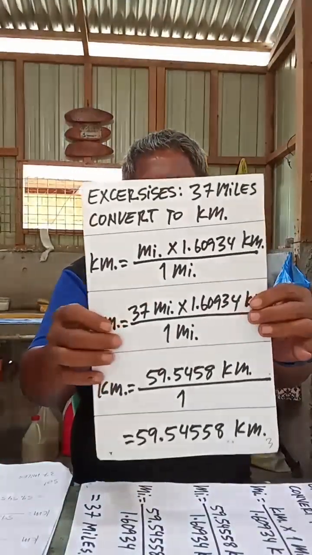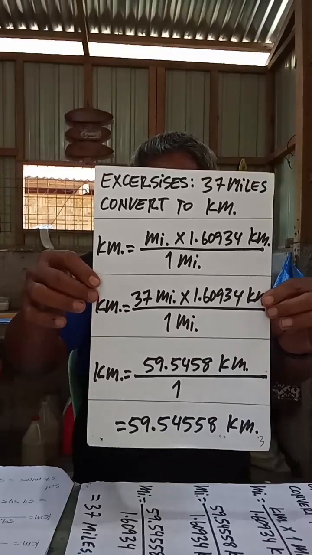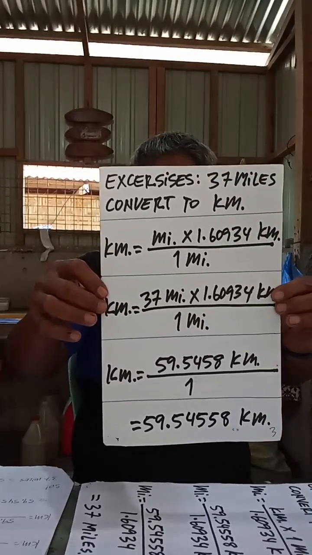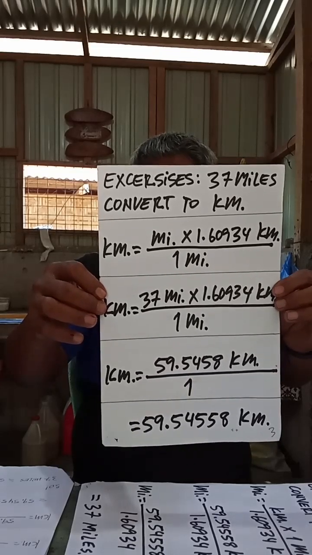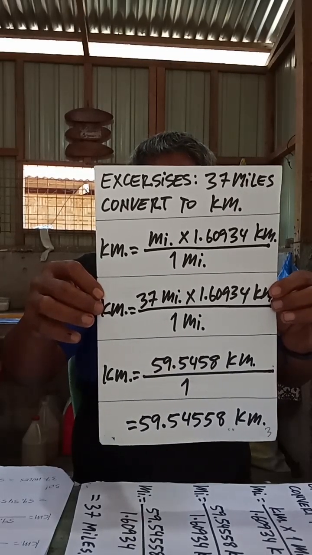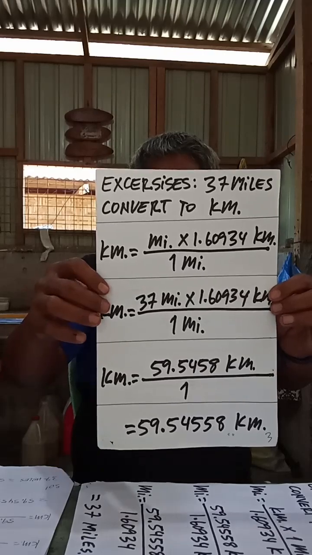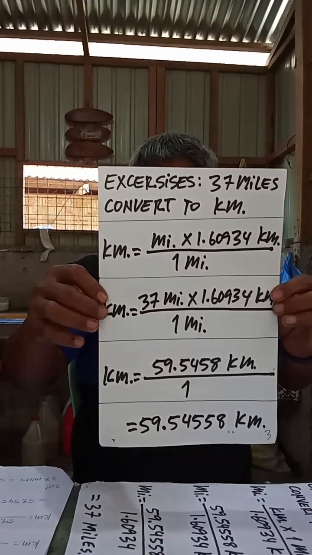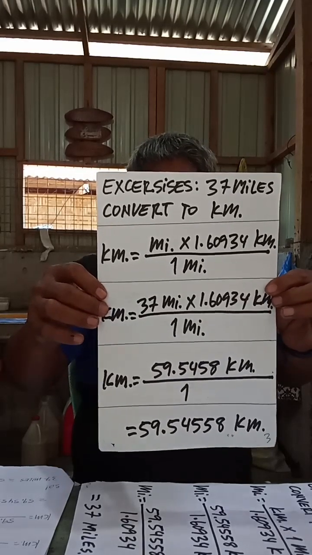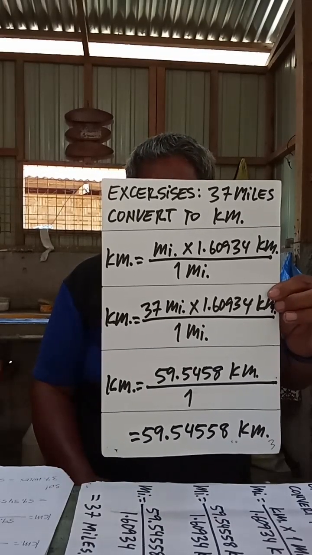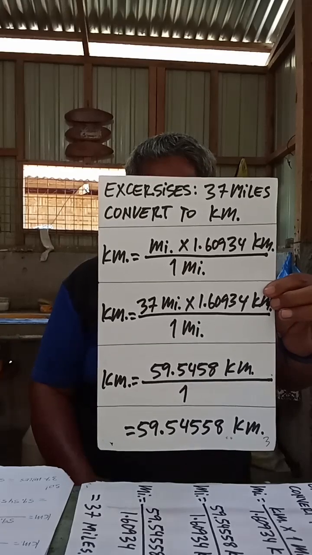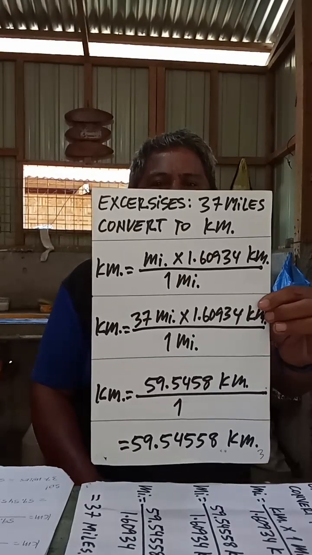So, exercises. 37 miles convert to kilometers. To find kilometers is kilometers = mile times 1.60934 kilometer over 1 mile. So, kilometer = 37 miles times 1.60934 kilometer over 1 mile.